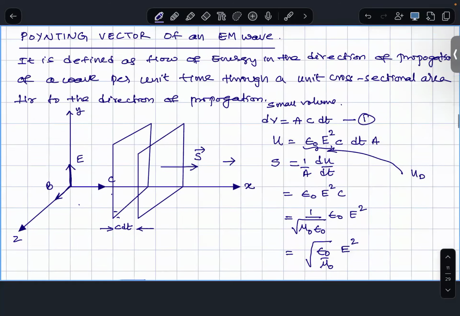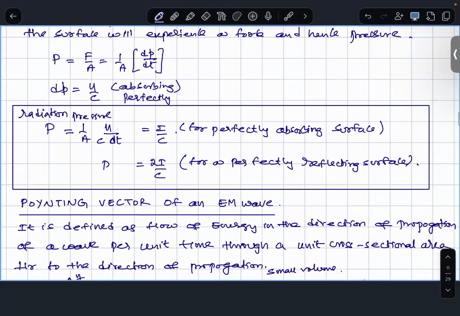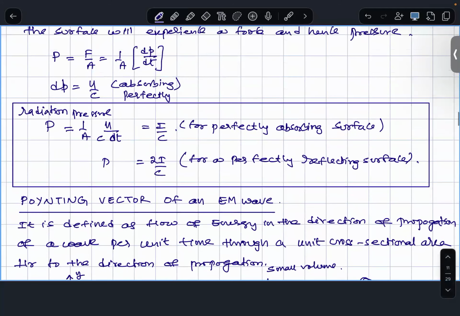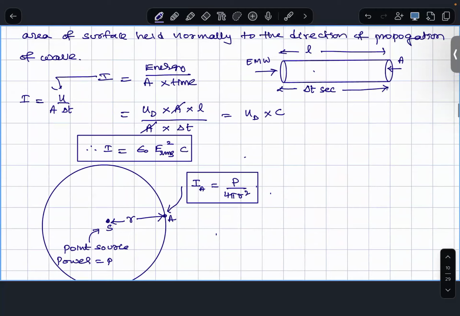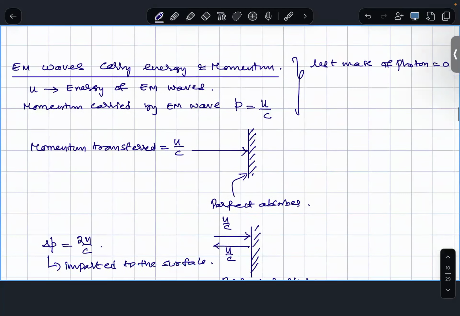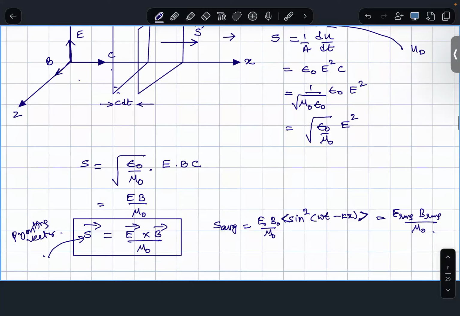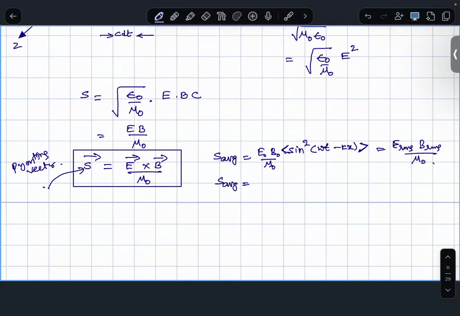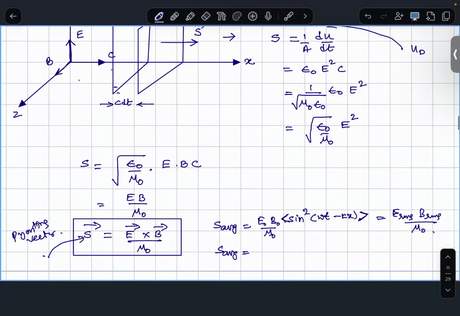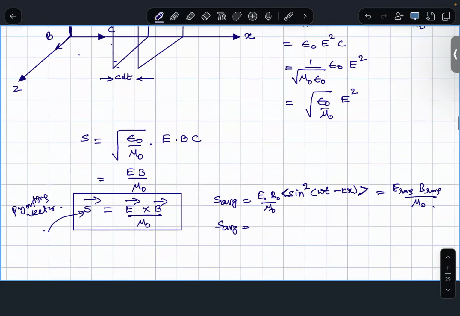What is the intensity? We have written intensity somewhere here: epsilon naught ERMS square C. Okay, hold on. So S average is nothing but, using this relation again, epsilon naught ERMS square C, which is nothing but intensity.